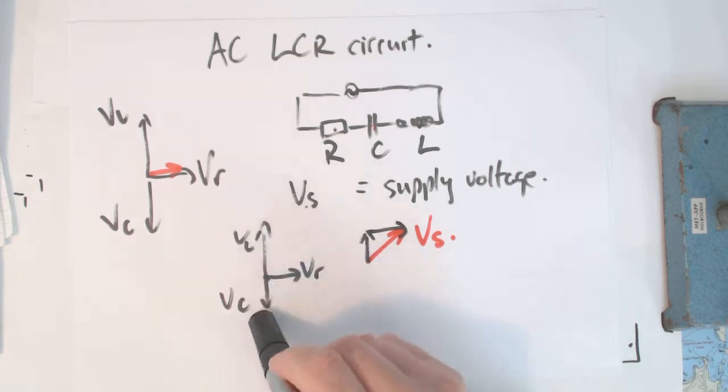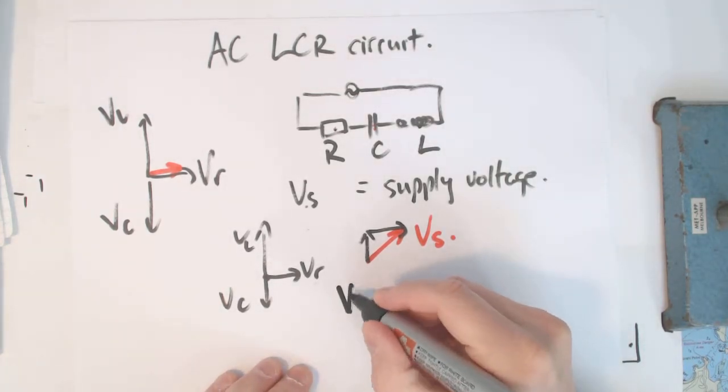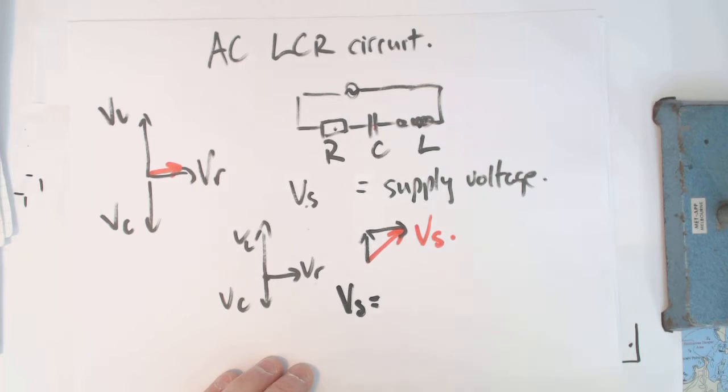And that's the way you always do it to find your Vs. You subtract whichever one is bigger here, you then add vectorially VR, and the net result will be your Vs. Okay, we can write this down algebraically like this.